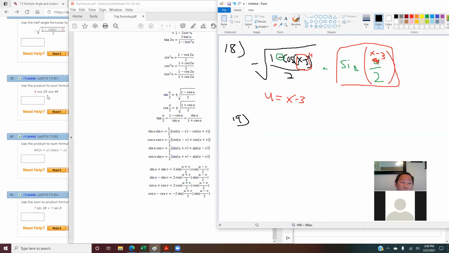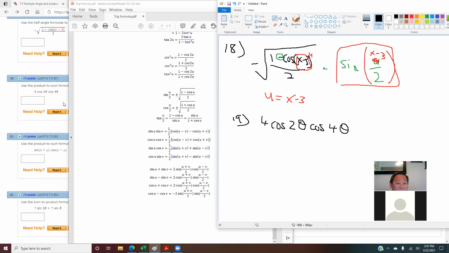Can you tell me which one of these you need to use? Is it the first one, second one, third one, or fourth one? Is that sine, cosine, or cosine in this case?